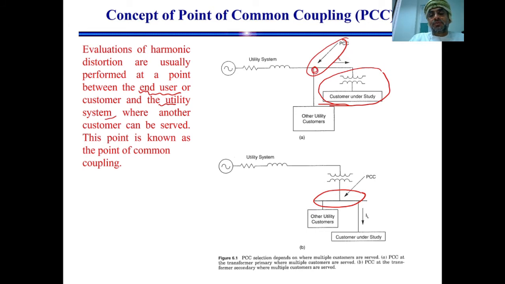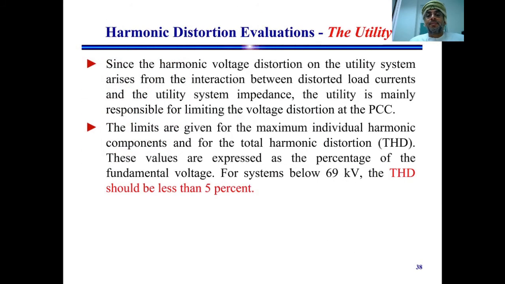This point we call the point of common coupling, where another customer will also be served, because if he generates harmonics, he will also affect the other customer. Over here is the new customer, and those are the old customers, so he will be connected there. This is the point we call the point of common coupling.